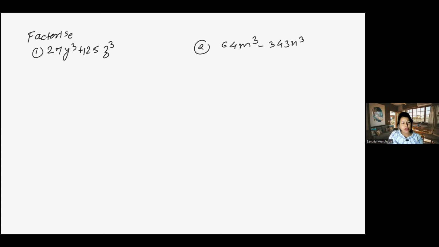Before solving this question, you should learn this identity: a cube plus b cube is equal to, in first bracket, a plus b, second bracket, a square minus ab plus b square. So we will write 27 is the cube of 3, so 27y cube plus 125z cube is (3y) cube plus (5z) cube.